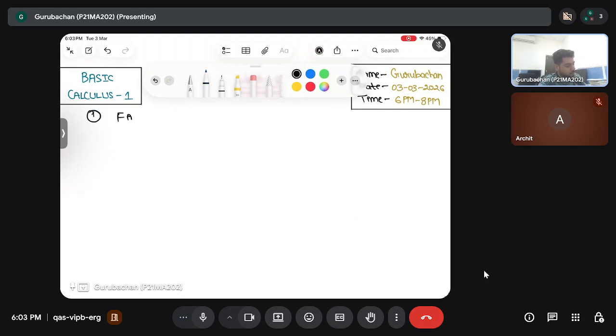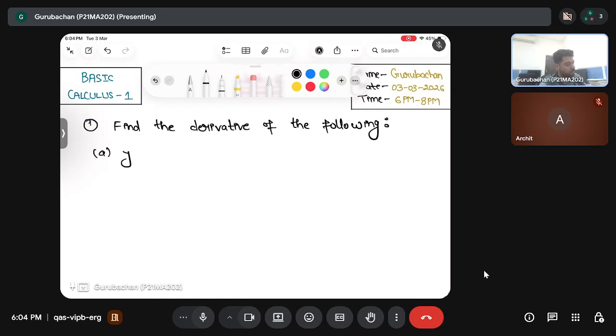Find the derivative of the following. First one is y is equal to secant of 10x.